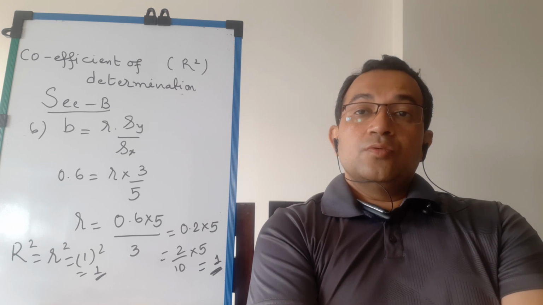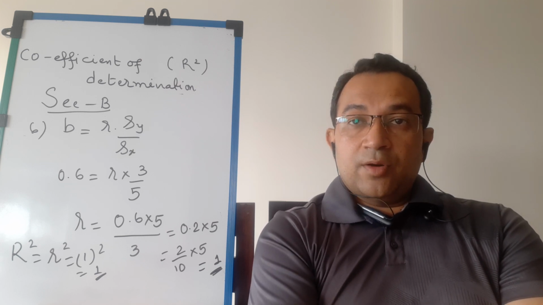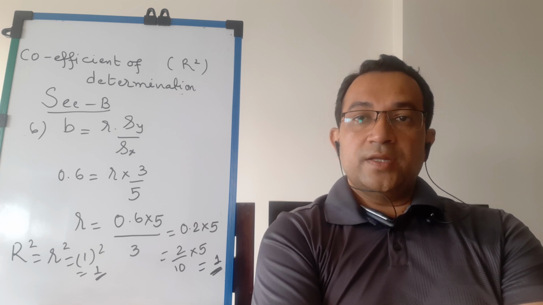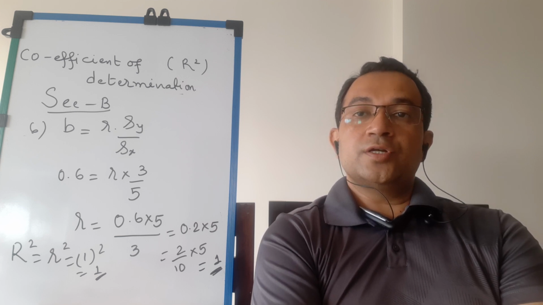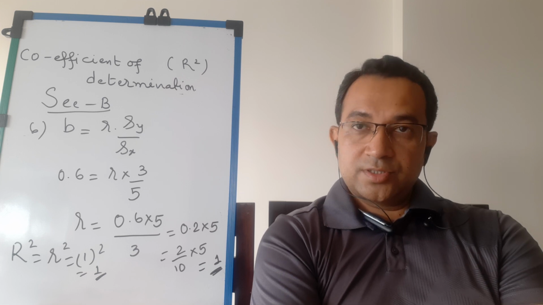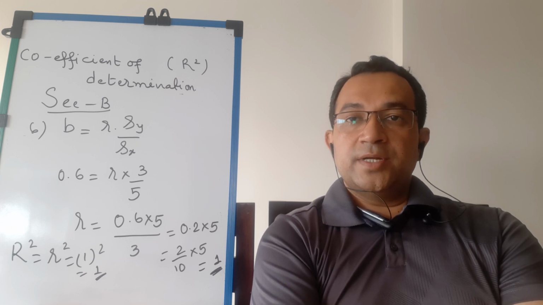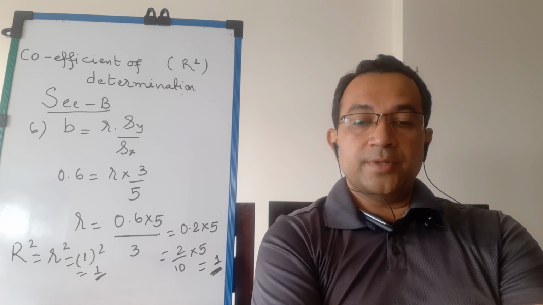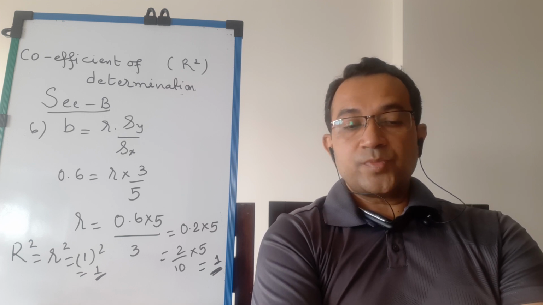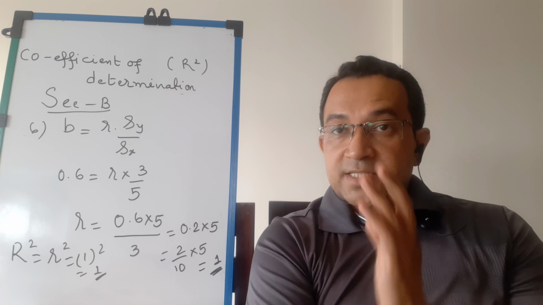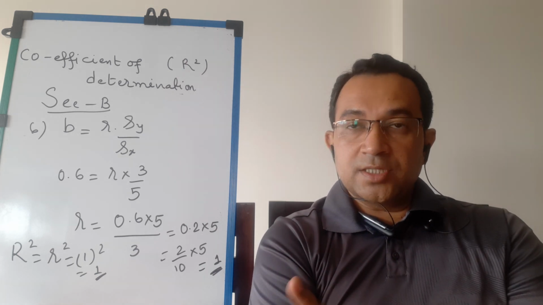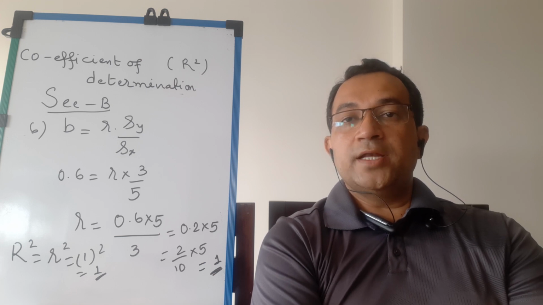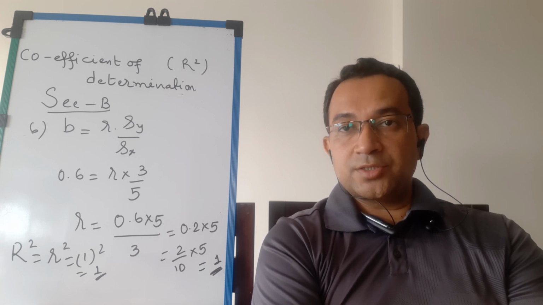Now, whatever estimates we have obtained from regression line must be cross-verified by finding coefficient of determination, students. The reliability of estimates can be verified by finding coefficient of determination capital R square. So one should use the estimates obtained from regression line only after ascertaining it by finding coefficient of determination.